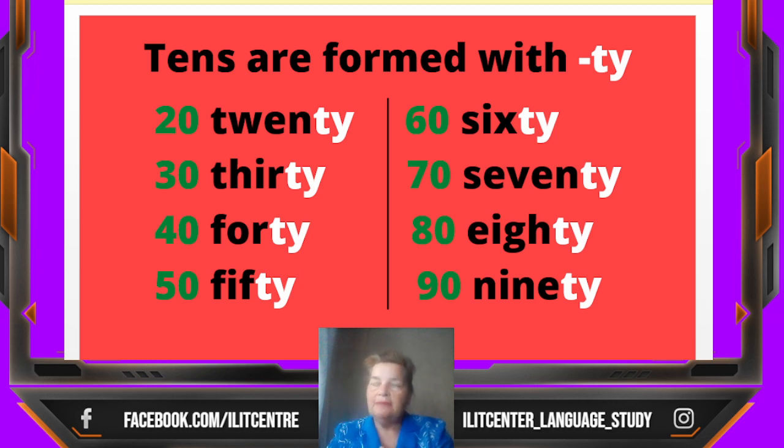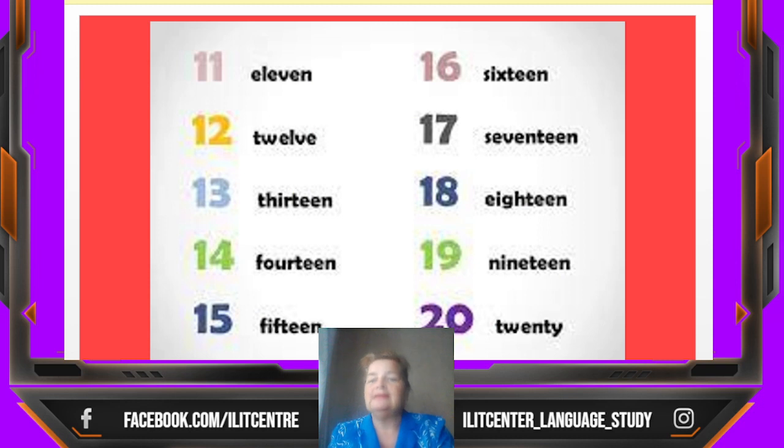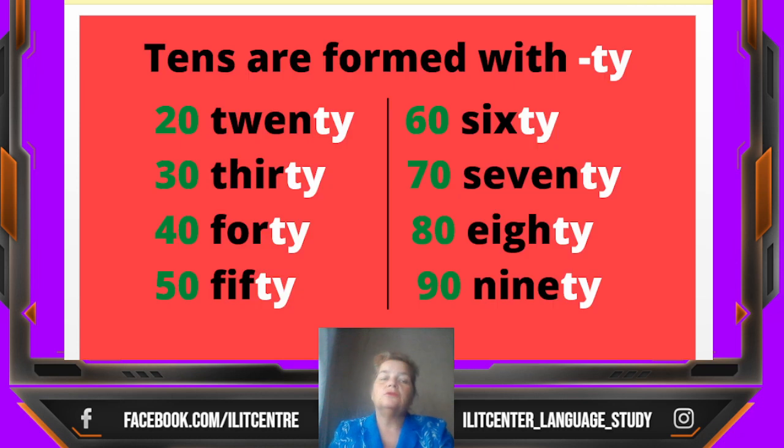If we say them with the same stress, it's sometimes very difficult to tell. 13, 30, 14, 40. No, it must not be pronounced like that. It must be pronounced only like 13, 14, 15, 16, 17, 18, 19 with the stress upon teen, and 20, 30, 40, 50, 60, 70, 80, 90. That's all I should say about how we form these tens.